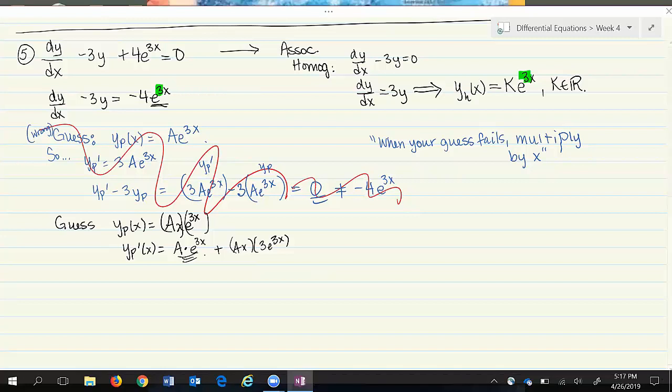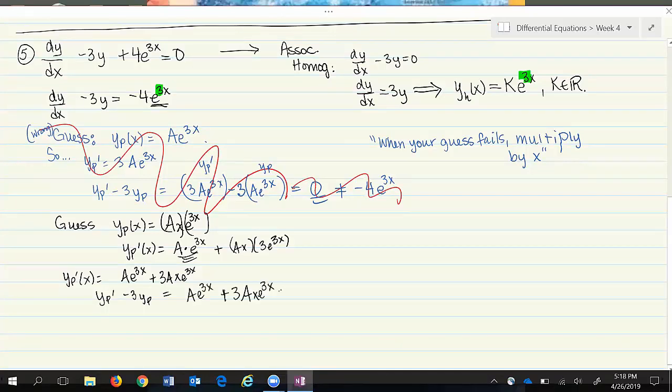And that's where the special comes in. So yp prime will be a e^(3x) plus 3a x e^(3x). And yp prime minus 3yp will be that minus, taking 3 times our original yp, so 3a x e^(3x).